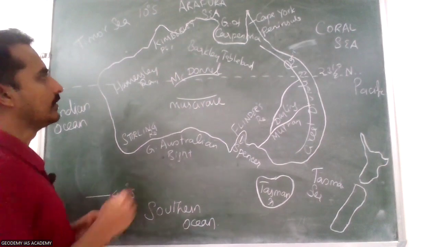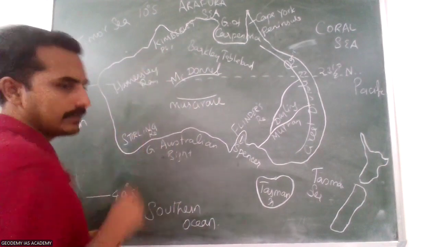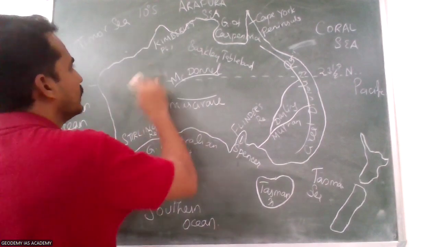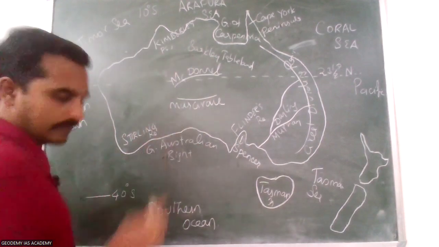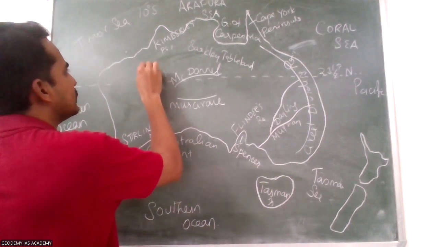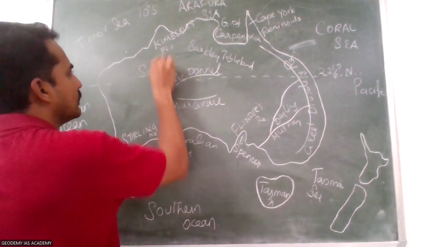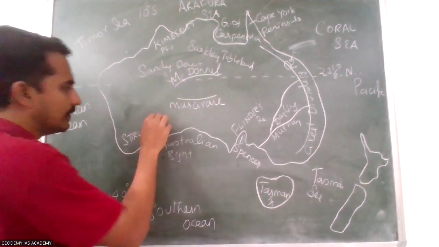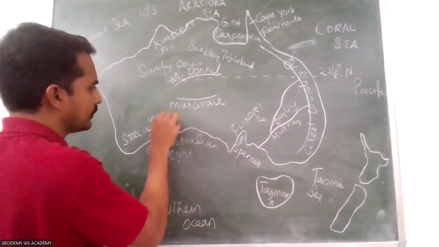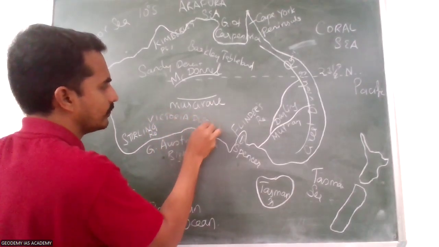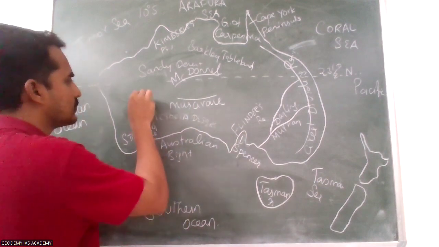Okay, here the desert in these regions, the major deserts are Great Sandy Desert, and Victoria Desert, Victoria Desert and Great Australian Desert.